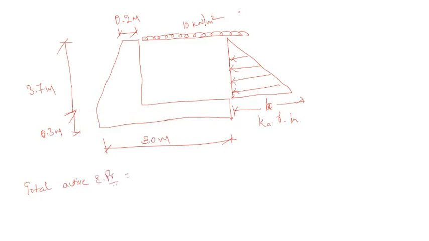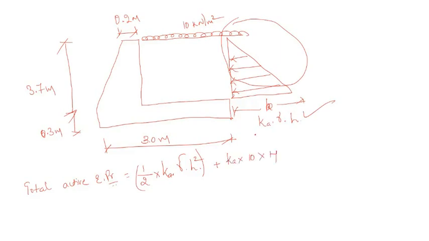It is given by, take this triangle, half into base, that is Ka into gamma into H, and the height. Okay. Plus this surcharge load Ka into 10 into H. Okay.